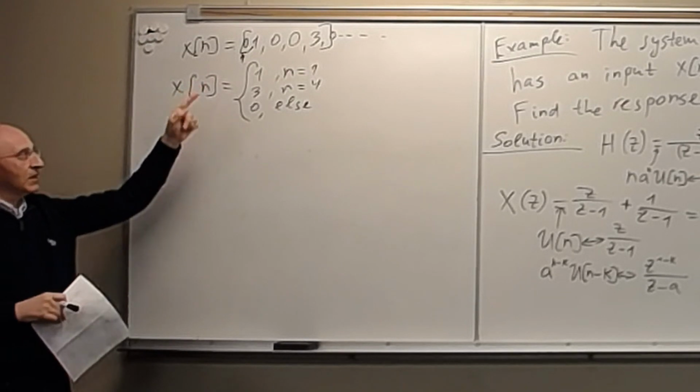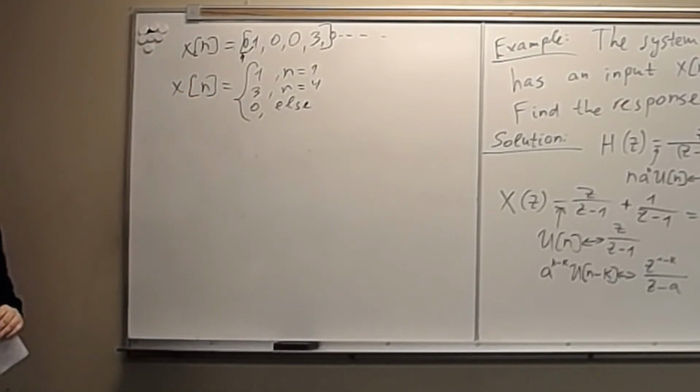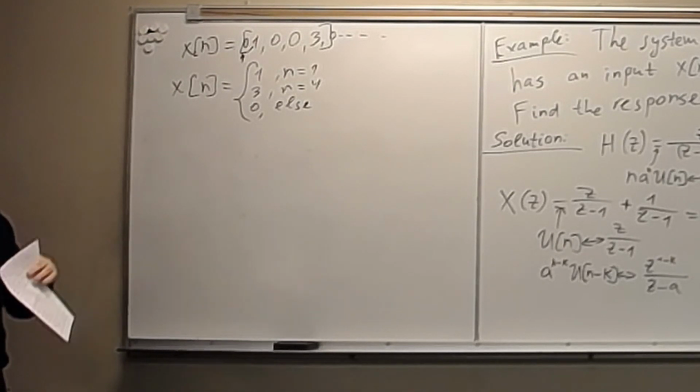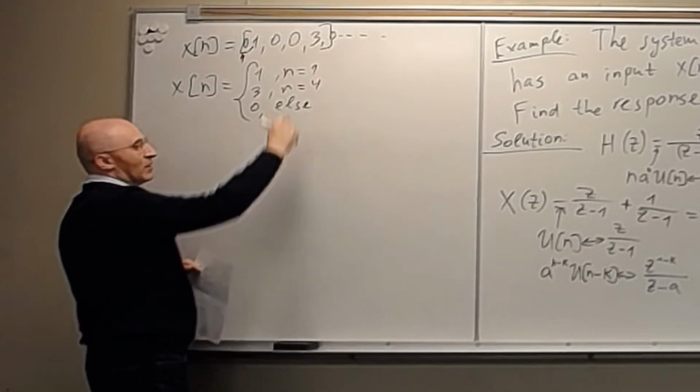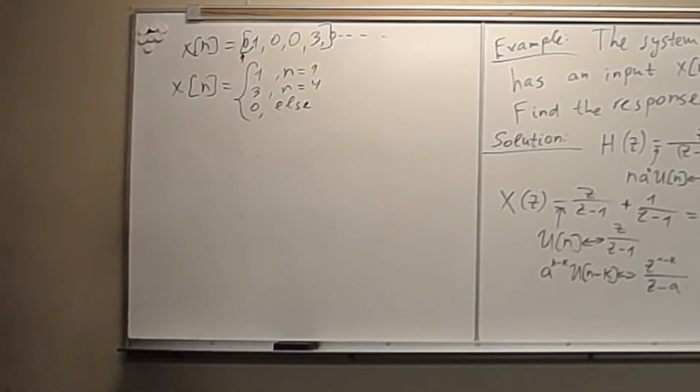Can you write that thing in some sort of formula of n, a function of n, like a single string? A summation. Summation of how many deltas? Two deltas. Okay, you can write that as delta shifted by 1 and delta shifted by 3. But you don't have to. You can use the direct definition.